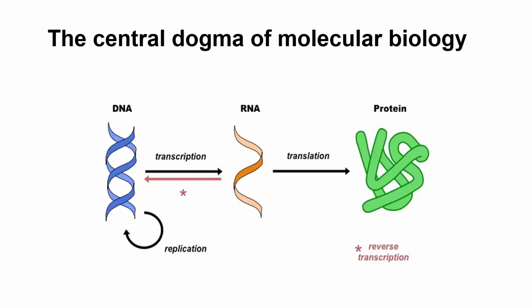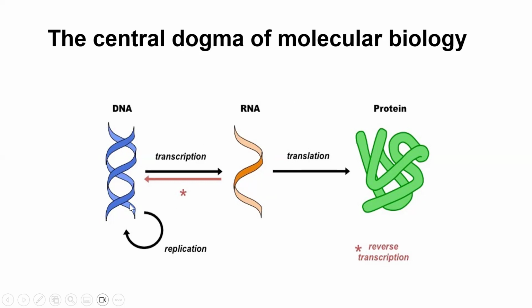This means that DNA can be replicated or copied, and it can be transcribed into RNA and basically be made into protein from RNA. It can also go back from RNA to DNA through a process called reverse transcription.